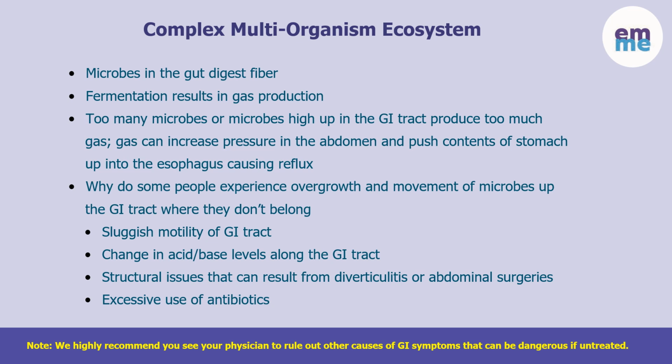So if you need to take antibiotics, that can kill off some of the bacteria, and the bacteria live by adhering to the lining of our GI tract. So if some of them get killed off, it basically opens up some real estate along the GI tract. And just like when we're trying to grow a nice grassy lawn, when there are open patches, the weeds seem to take over, right?